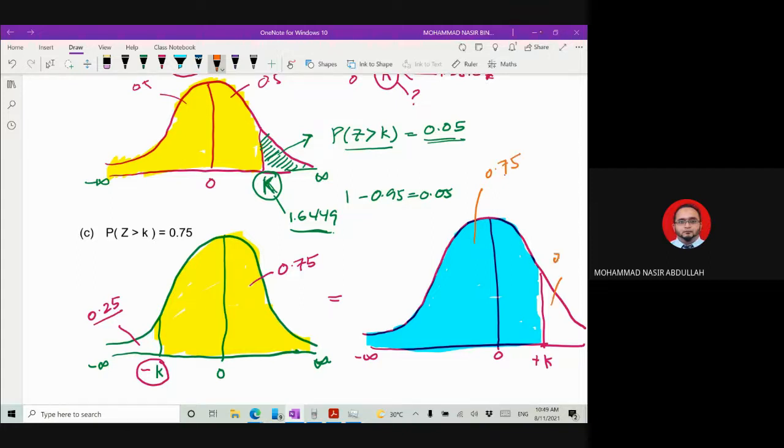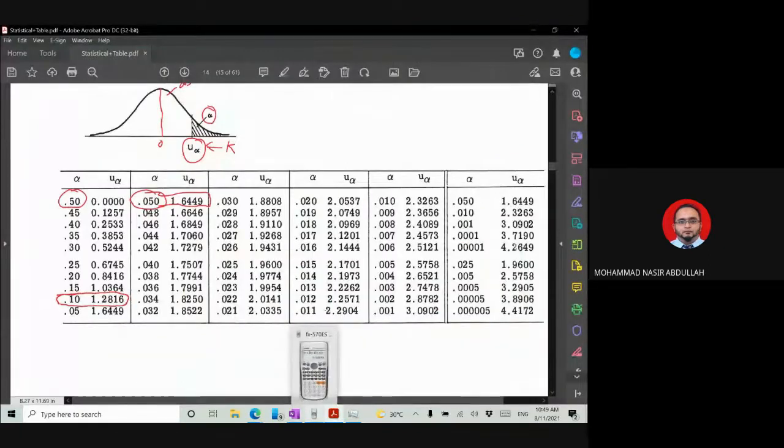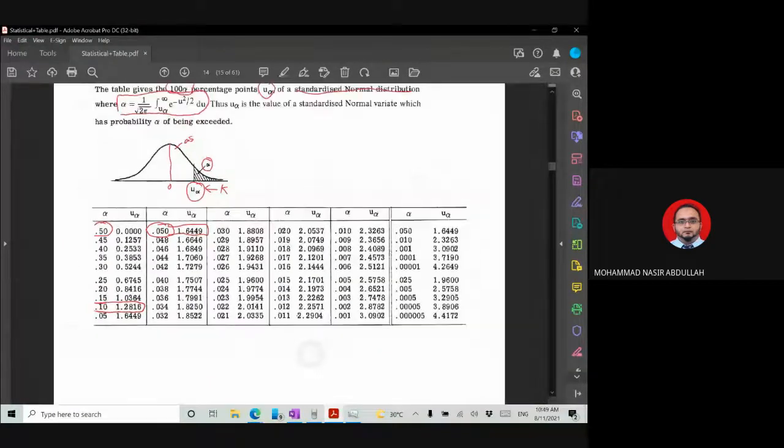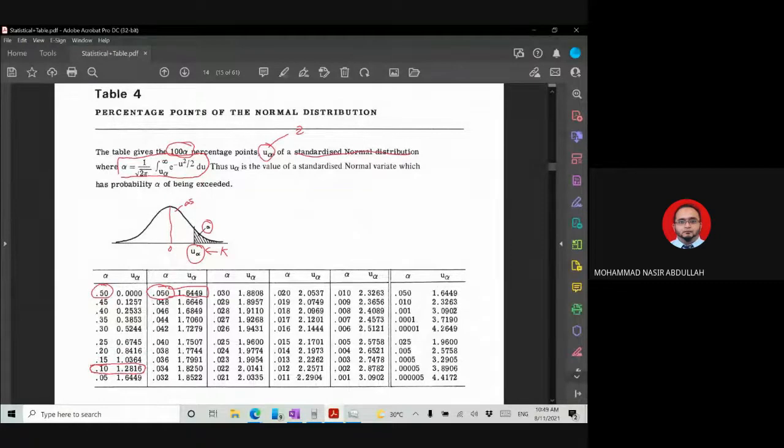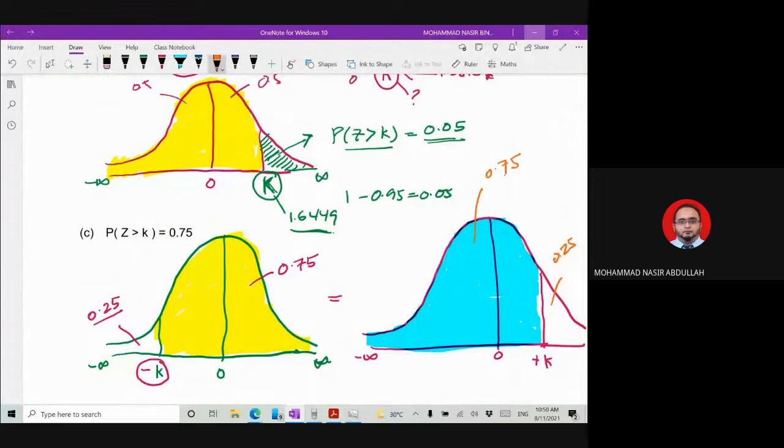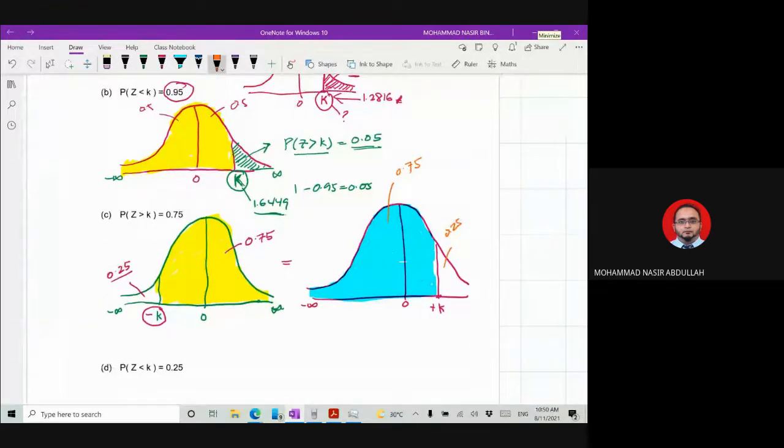This area would cover 0.25. Right. Why do we have to convert to this side? If you are looking into this statistical table, different books have a different type of statistical table, and they give different values. But in our reference now, statistical table number 4 only gives us the value to the right hand side. So by converting it to the right hand side, we can clearly see the value that we want to find, right?